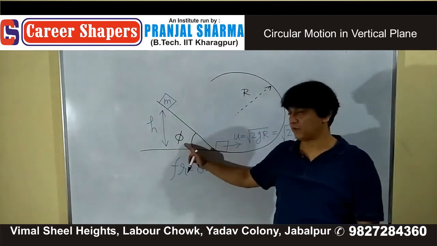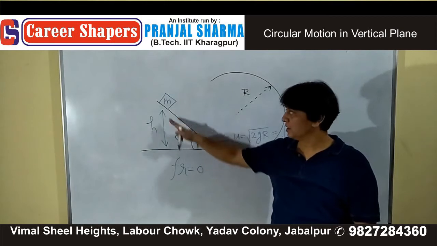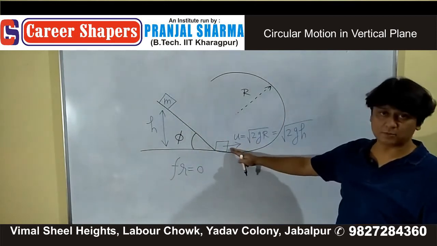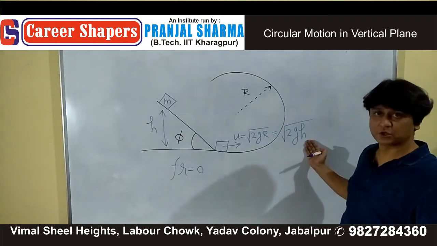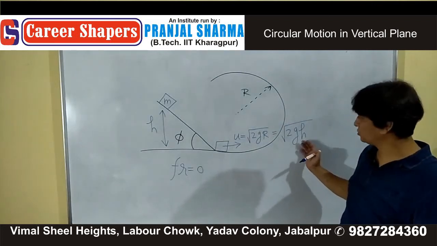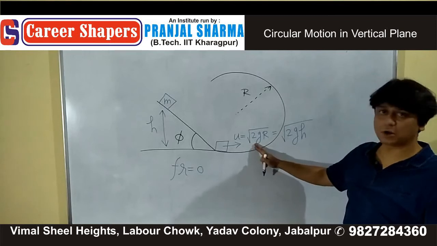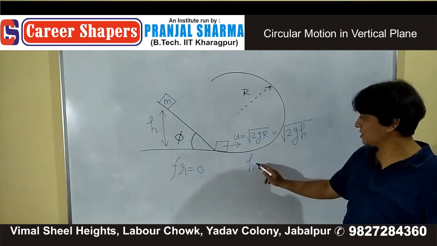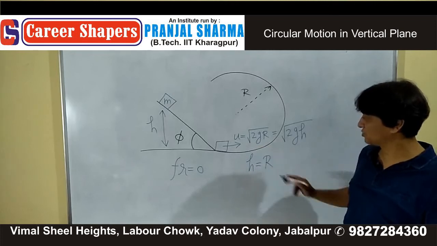Whatever be the value of phi, it doesn't matter. If this height is h, then velocity at the bottom is root 2gh. But the question says that this root 2gh should be root 2gr. And therefore we get h as r.